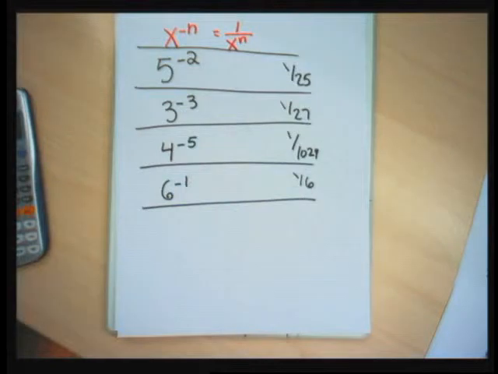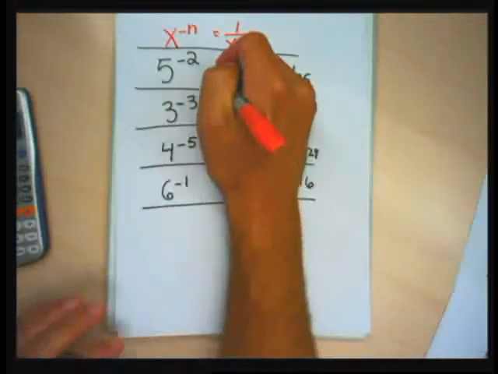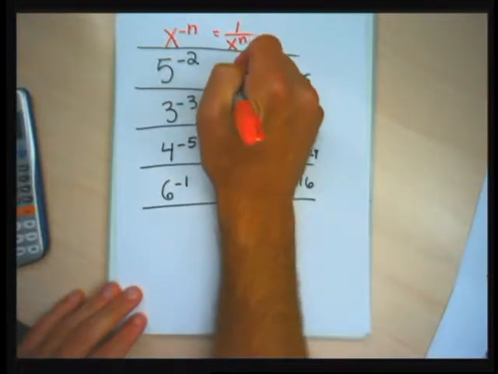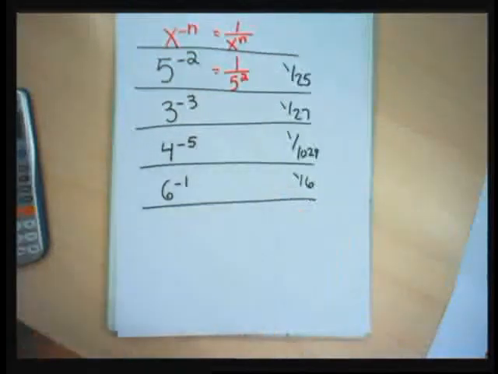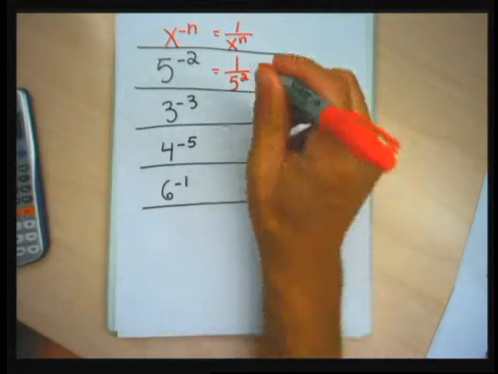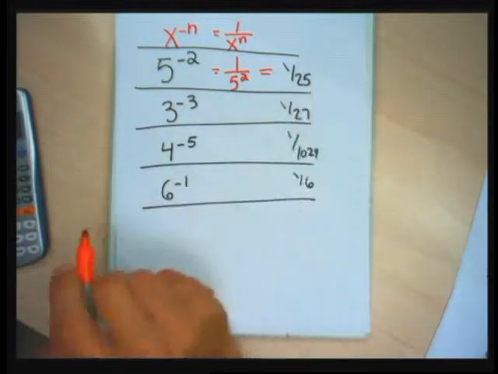So if I have a number raised to a negative exponent, and that's the whole problem, I can make that exponent positive by creating a fraction with a 1 in the numerator and putting the exponent, now positive, in the denominator. So 5 to the negative 2 power is 1 over 5 squared. The 5 squared is 25, so that's 1/25.